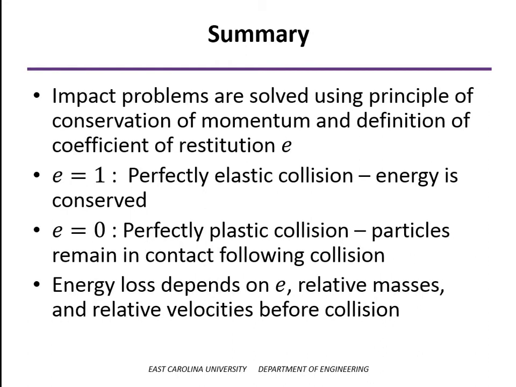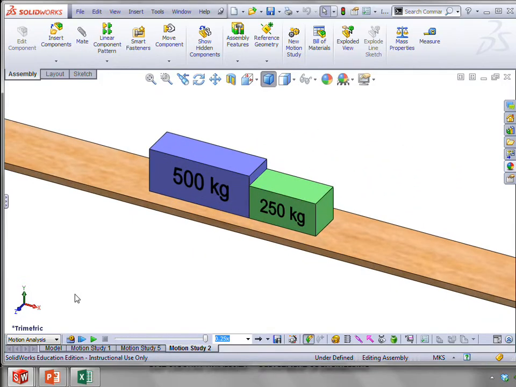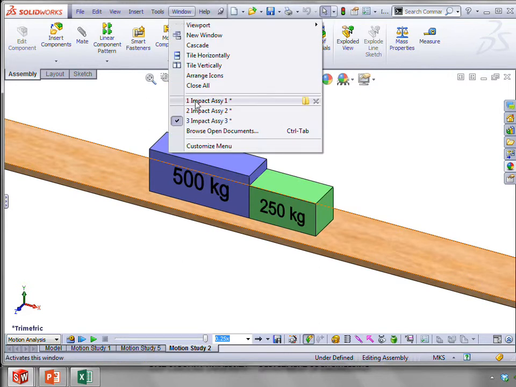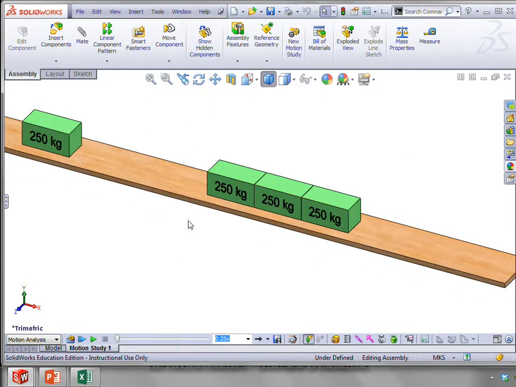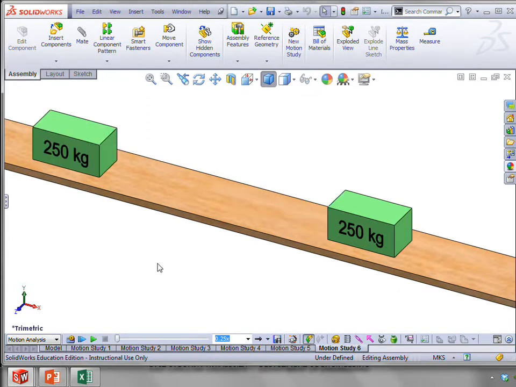Now, kind of a preview for what we're going to look at next time. Actually, before we do that, let me go back to the case where we just have the two blocks. And we want to look at a special case where the velocity of block A is given.